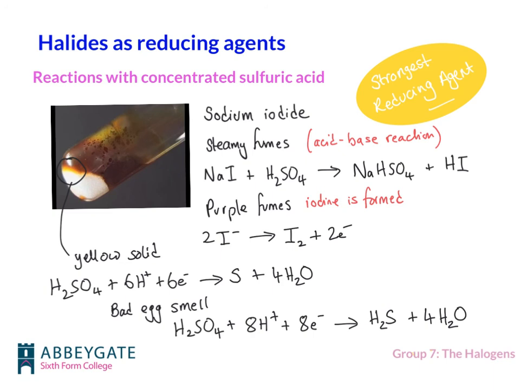So because sodium iodide is the strongest reducing agent, it is able to take the sulfuric acid through being sulfur dioxide, down to sulfur, and all the way down to being hydrogen sulfide. So it's able to take it from oxidation state +6 down to oxidation state -2 because it's the strongest reducing agent.